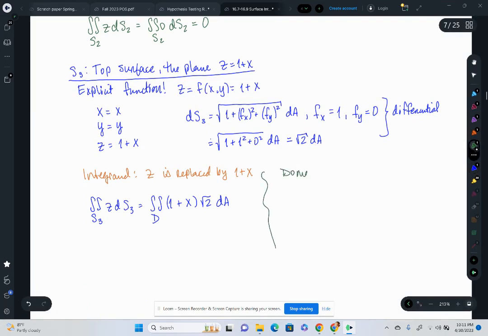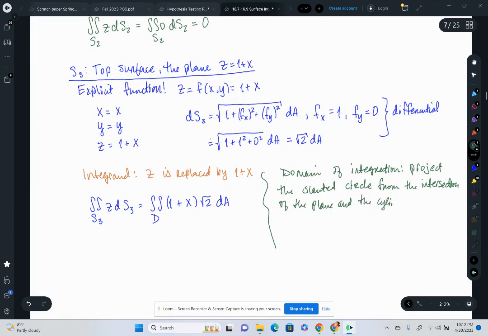So the domain of integration: project the slanted circle from the intersection of the plane and the cylinder onto the XY plane.